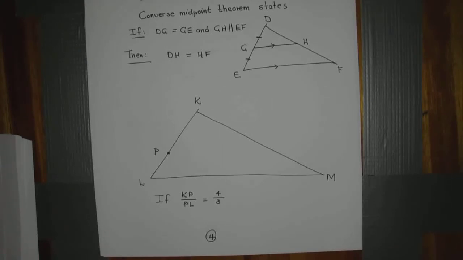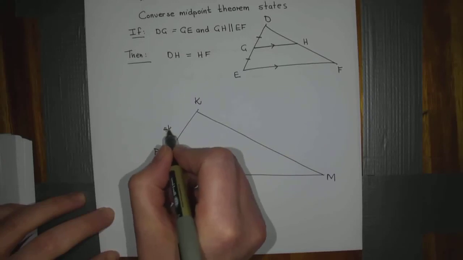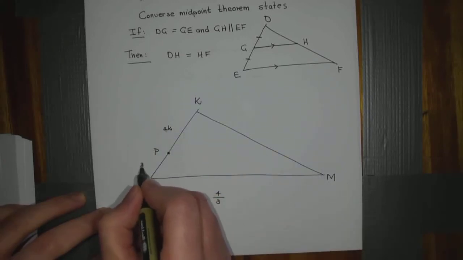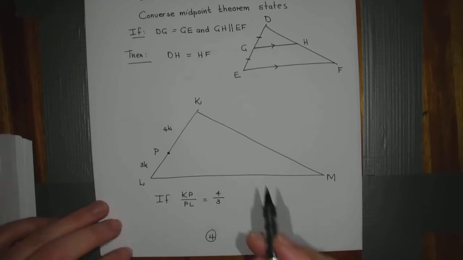then as per our previous discussion, this is then 4 times k, and this is then 3 times k. So I don't know what the exact length is. I just know I divide it into equal bits. I divide it into 7 equal bits. Do you understand? 4 of the equal bits are at the top, and 3 of the equal bits are at the bottom. But it's divided into 7 equal bits, 4, 3. Everybody got that so far? Then I draw a line.